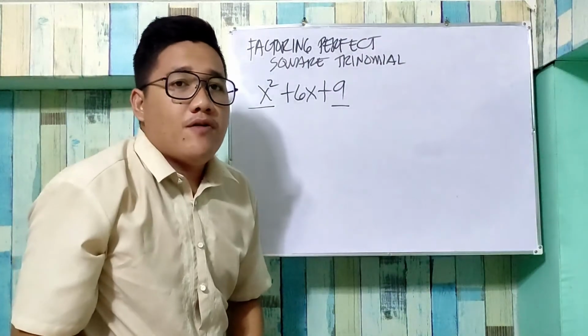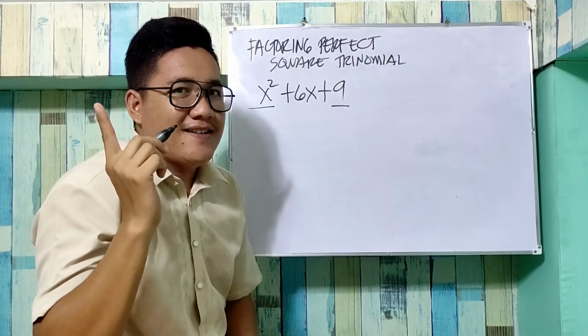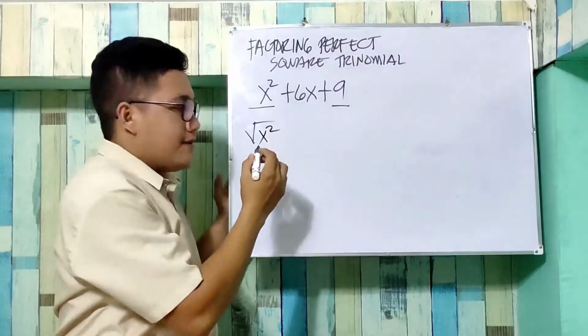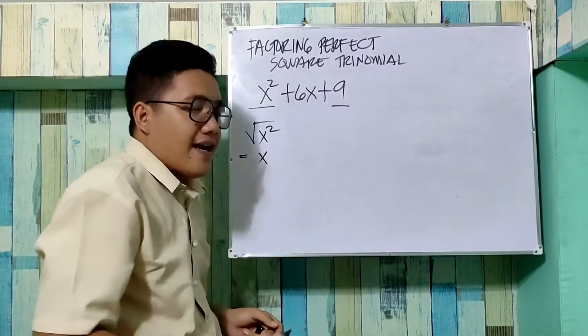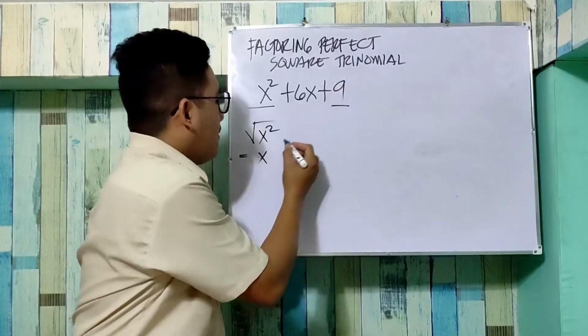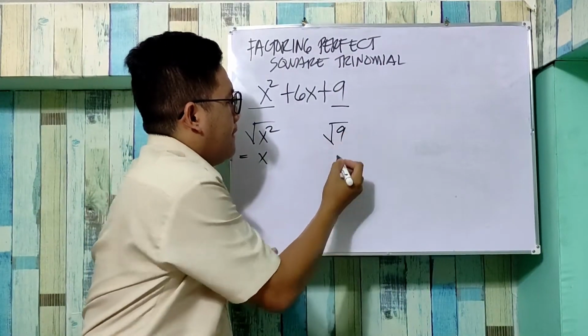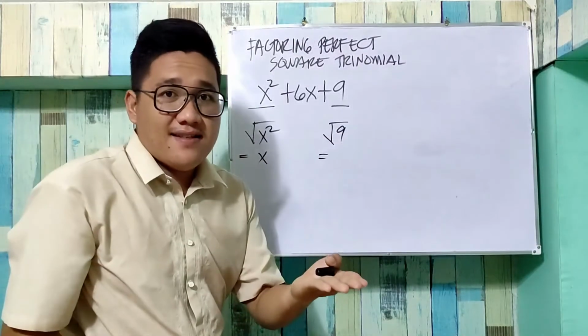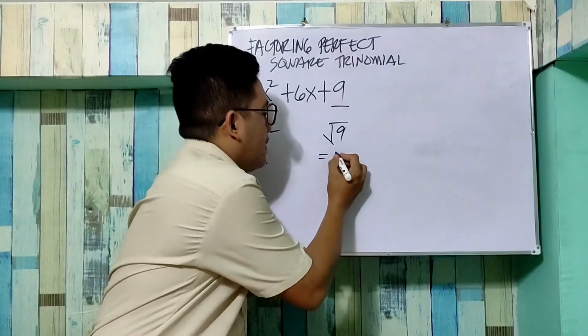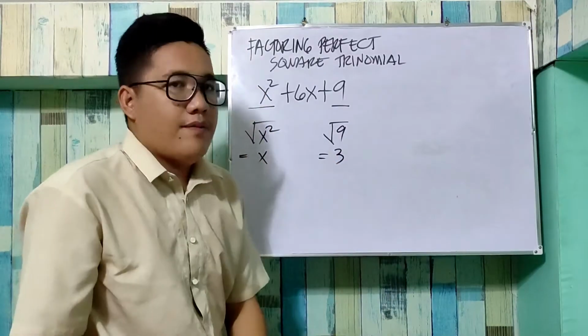So, perfect square ba yung first and last term natin? Yes. Okay? Square root of x squared is x. Why? X times x, x squared. How about the 9? Square root of 9 is 3. 3 times 3, that is 9. So, therefore, we have 3.